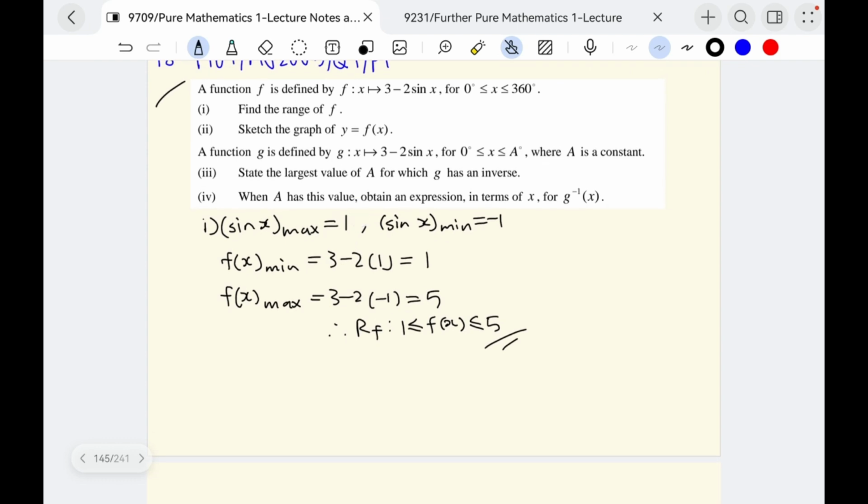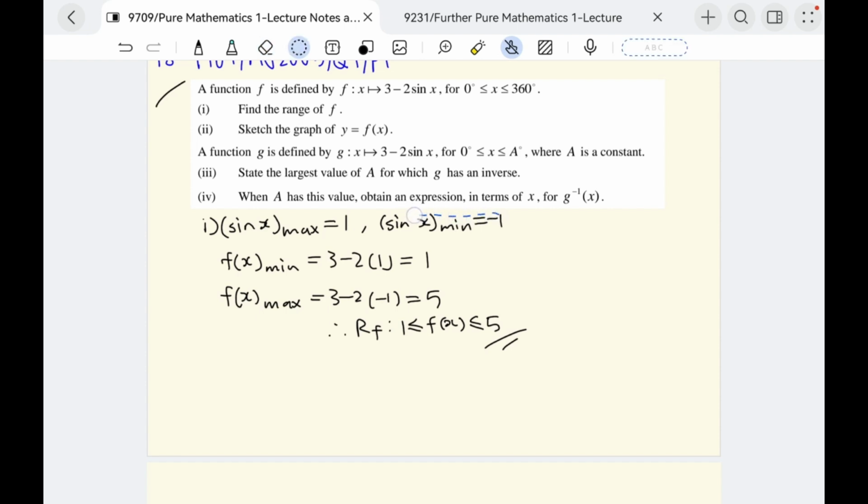Okay, part 2. Sketch the graph of y equals f(x), 3 minus 2 sine x. As I said before, the sine graph is reflected and then stretched by 2, and then finally the -2 sine x graph moves upwards by 3. As you can see, the range that you have solved here is from 1 to 5.